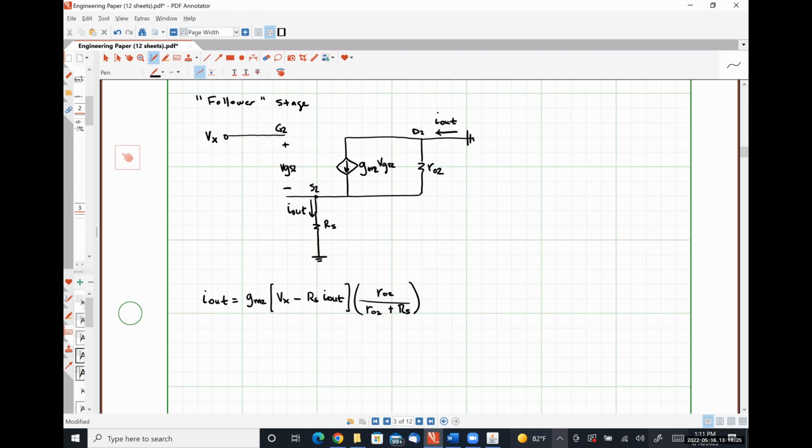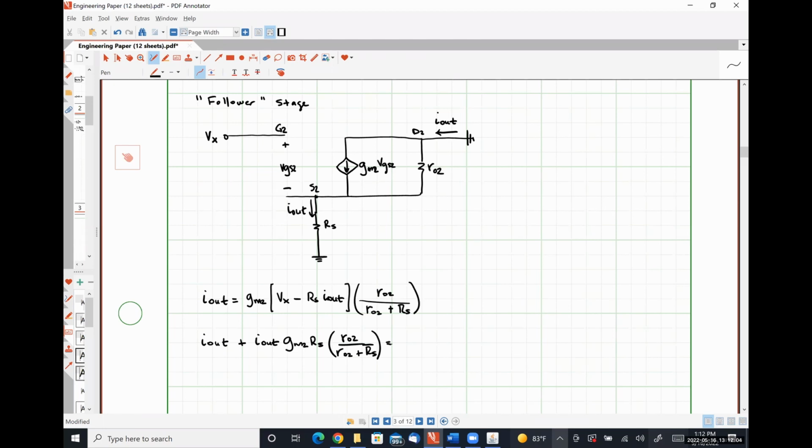And now it's just algebra time, right? So this is going to look like I out plus I out times GM2 RS times R naught 2 over R naught 2 plus RS.